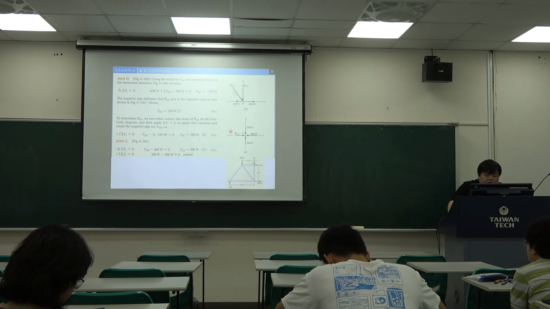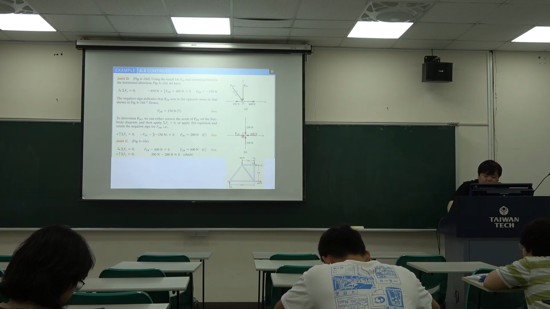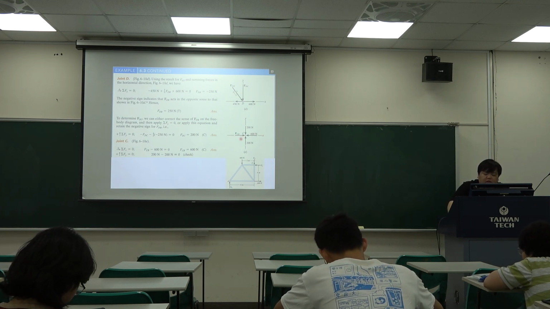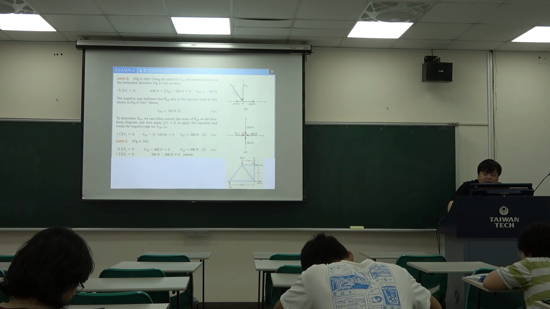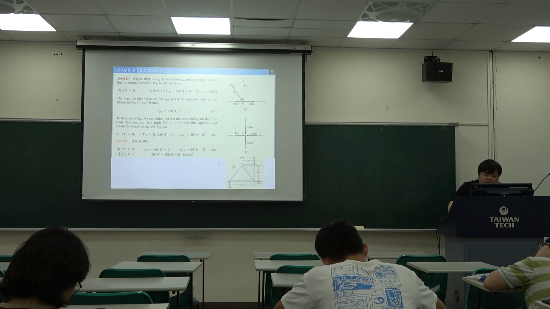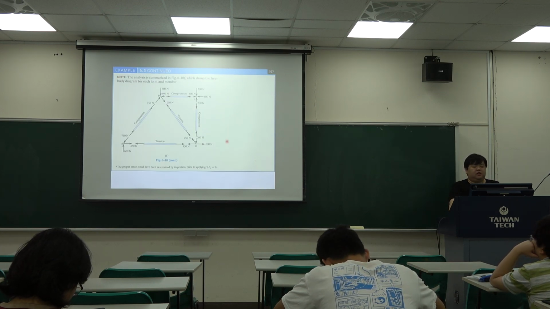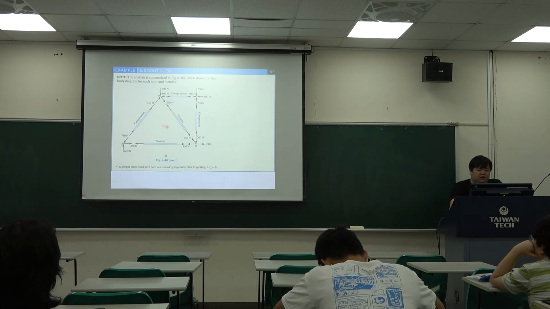Then for joint C, we have three known forces and just one unknown force here. So it's very easy, just this force equal to this force. And then we can also use the summation Fy equals to 0 to check. Okay, just check. So for the method of joints, the free body diagram is like this.